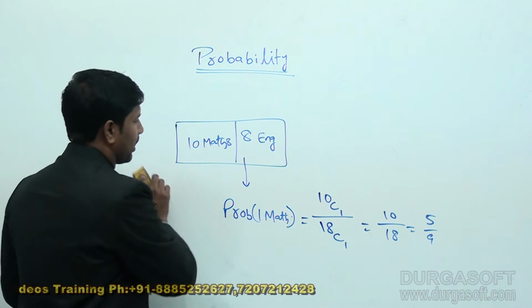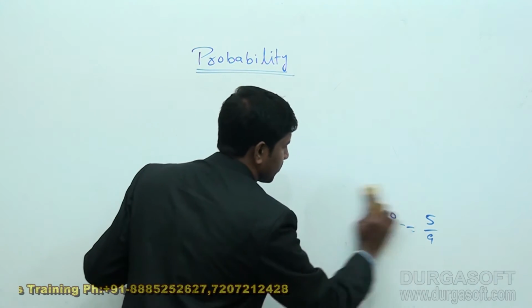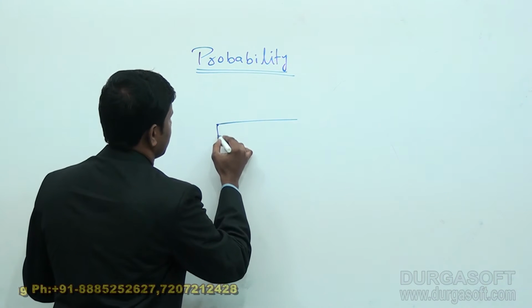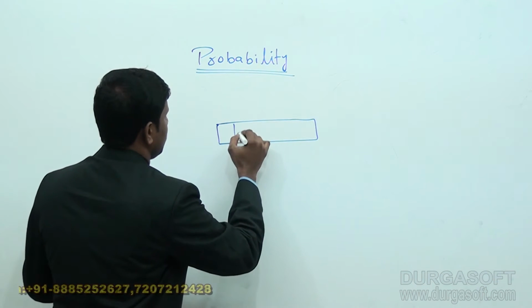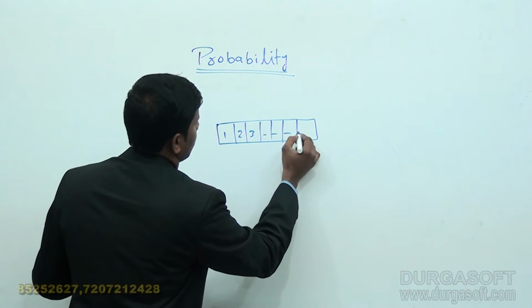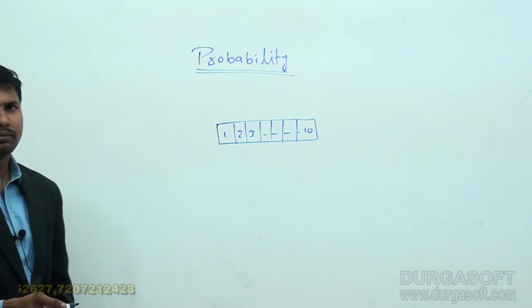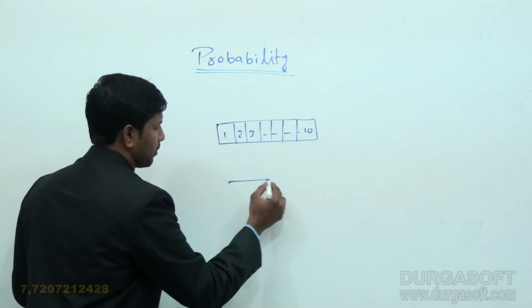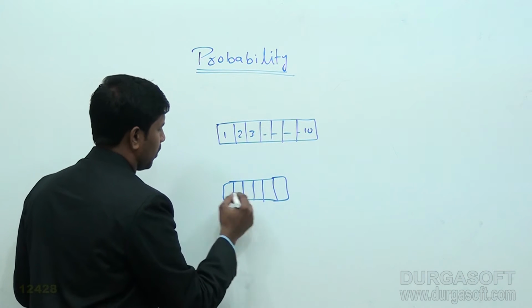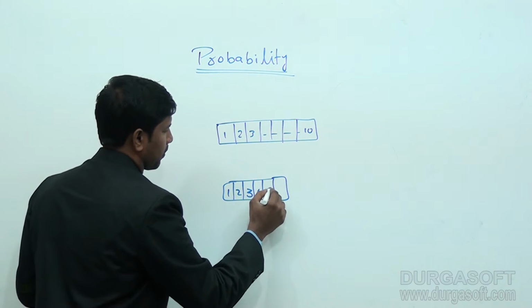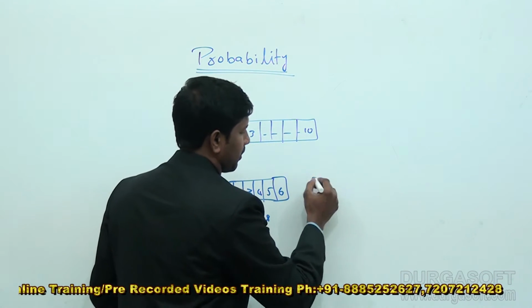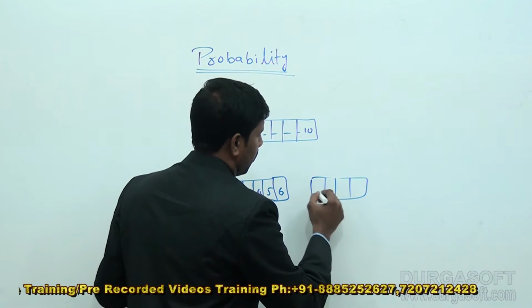In the same way, suppose there are 10 switches in a room which are connected to 6 fans and 4 lights.